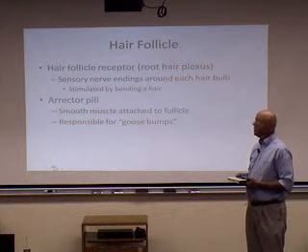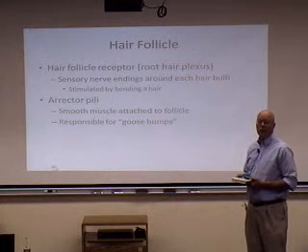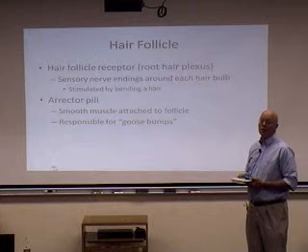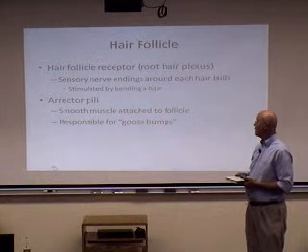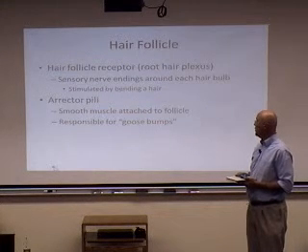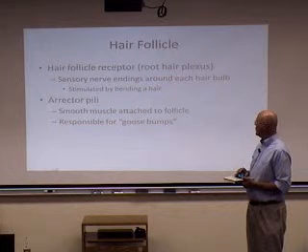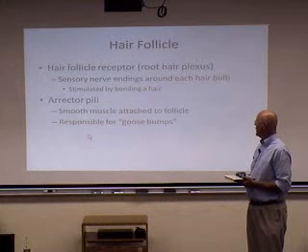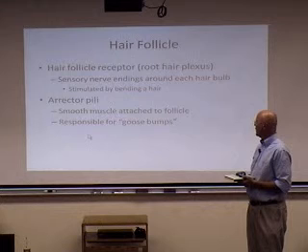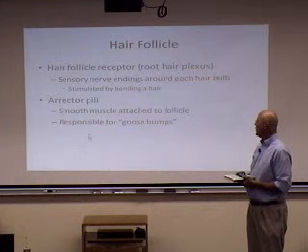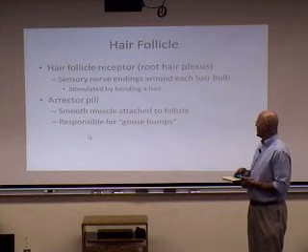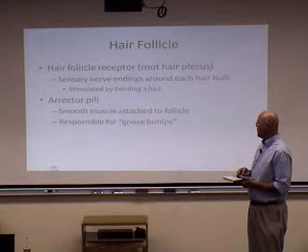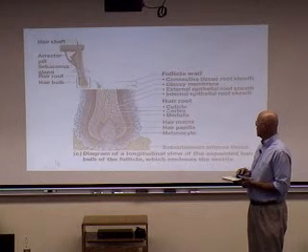It's a sensory nerve ending that will be stimulated if your hair bends, giving you the sensation of the hairs bending and moving. And then you also have a small smooth muscle attached to that hair follicle and that hair shaft called the arrector pili. And this is the muscle that will contract and give you the sensation of goosebumps.